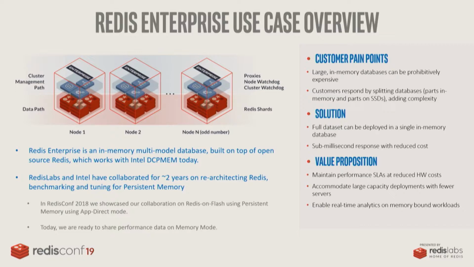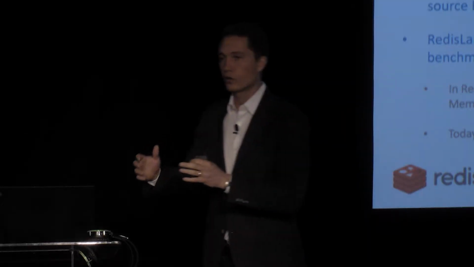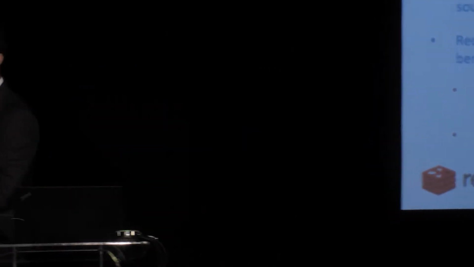And so what they end up doing is going to a multi-tiered solution where the hot data is in Redis, and the cold data is on some other store. With this technology, we believe that now you can put all your data in Redis and keep it in sub-millisecond latency, readily available.